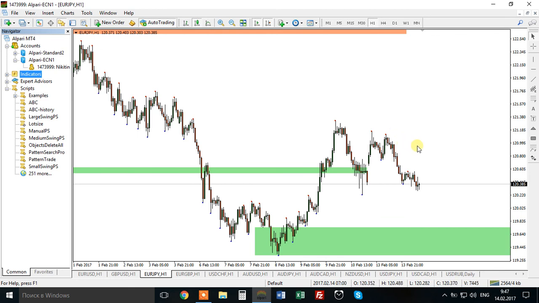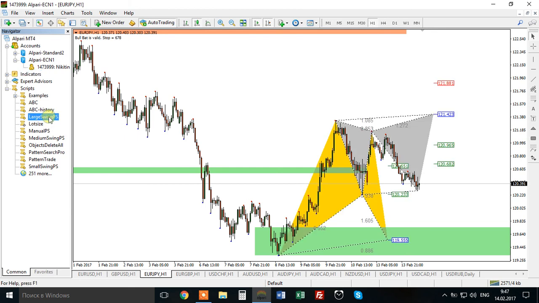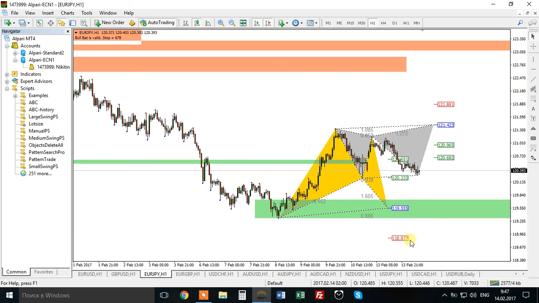And if we switch to the 1 hour time frame, we can find some patterns as well. Let me do it this way. I just run my scanner and it draws the pattern. It draws the entry, take profit 1 and take profit 2, and it also draws a stop loss.